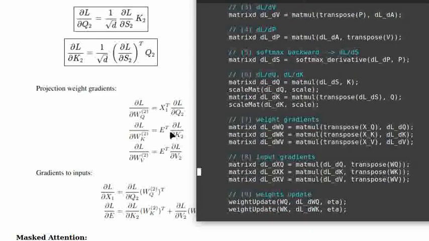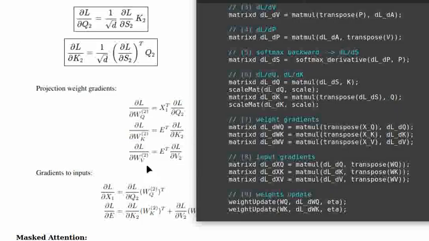So dL/dWQ is the transpose of XQ, XQ is X1 here, times dL/dQ. And dL/dWK is the transpose of XK, XK is E here, times dL/dK.